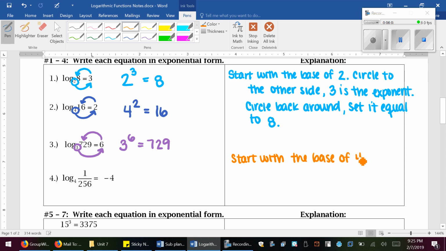The base is 4. Circle to the other side. -4 is the exponent.